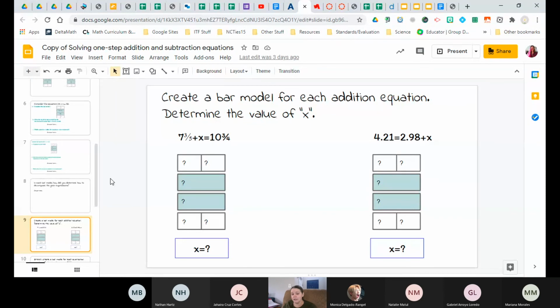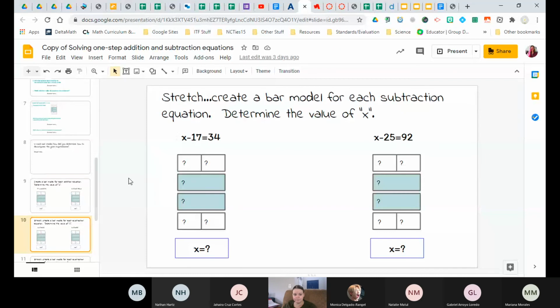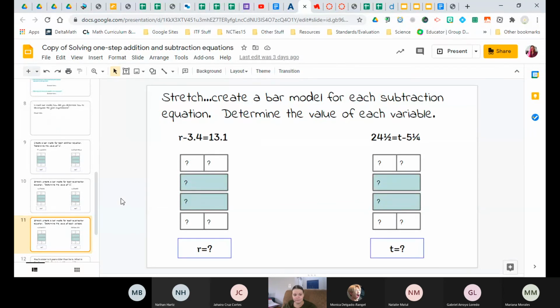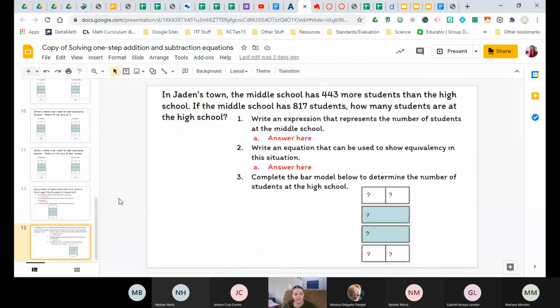Okay, you're going to work them the same way, but remember, with fractions, we need to find common denominators to solve, just to give you a little hint there. And then we're going to look at how this works with subtraction problems. And then you have a couple word problems to do.